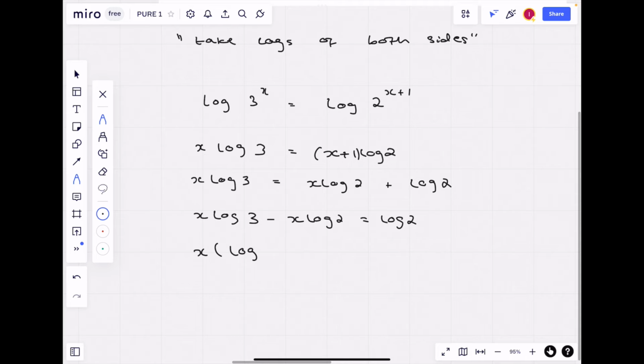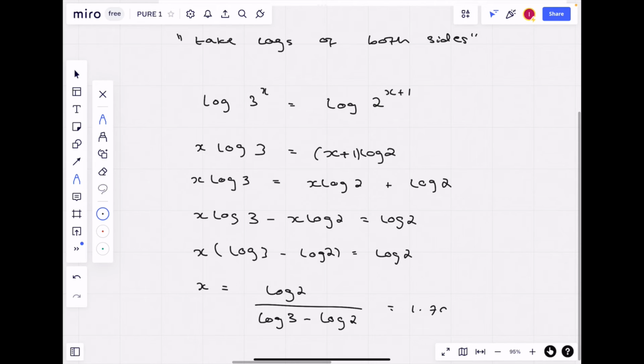Factorize. Then we can divide. And then you plug it into your calculator. When you plug it into a calculator, you would use log base 10. This would give you 1.7095. Cool. That is the other scenario which you might come across in terms of questions.